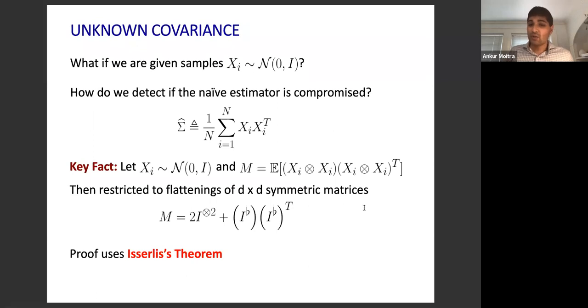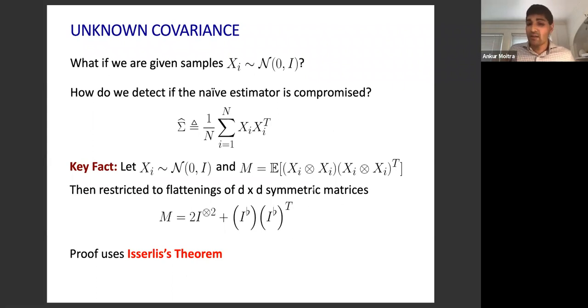And there's actually a very strong relationship between the number of perfect matchings in a graph and the moments of a high dimensional Gaussian. And that's where this expression comes from. That's what Isserlis's theorem and Wick's formula do, they give you a precise relationship. And the important thing here is that there are really 3 terms. There are 2 terms that look the same, 2 times the identity tensor with itself, and something that looks a little bit strange because it has this flattening.